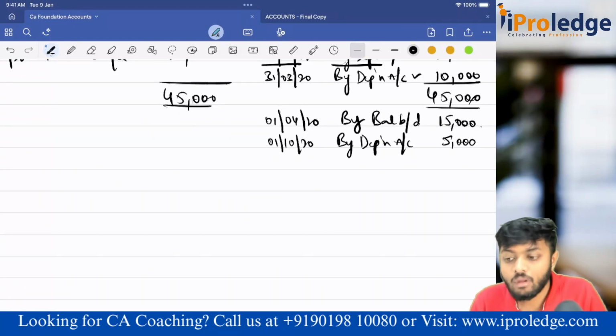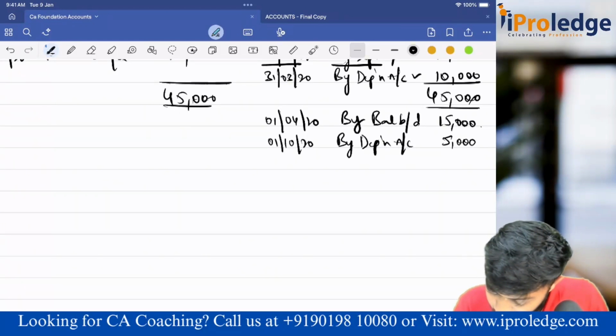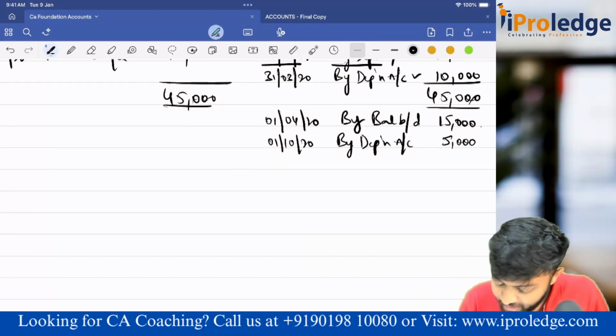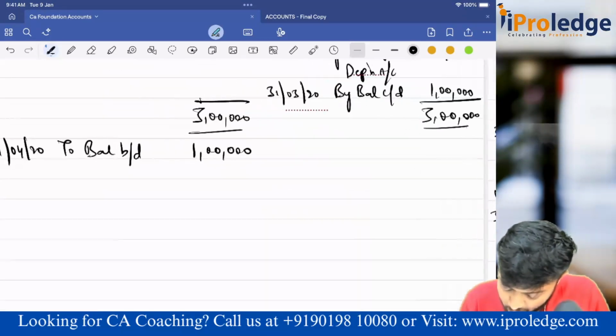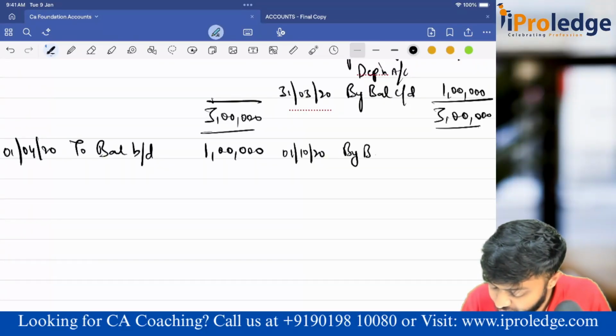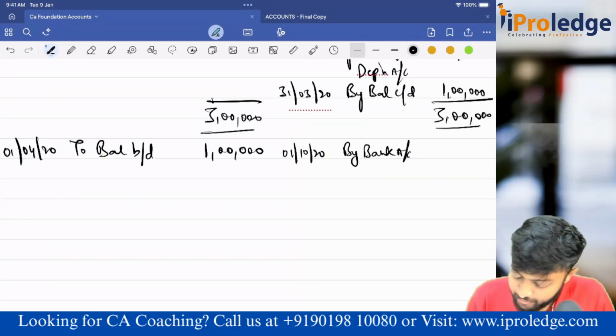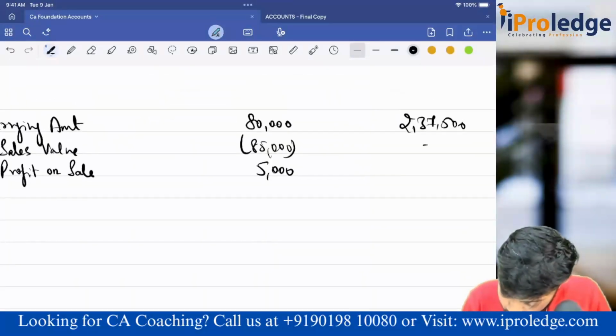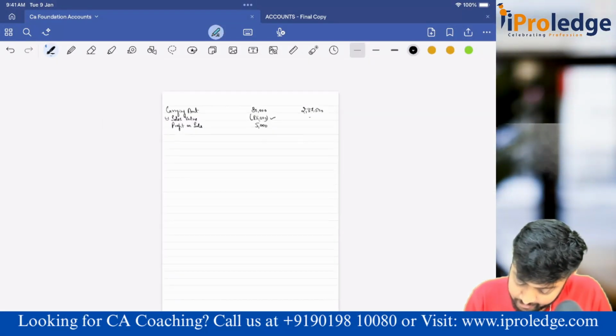Second is the bank receipt entry. If you receive bank entry, please put it in machinery account. When did you receive? 1/10/20, by bank. How much did you receive? Sales value 85,000 we have received.